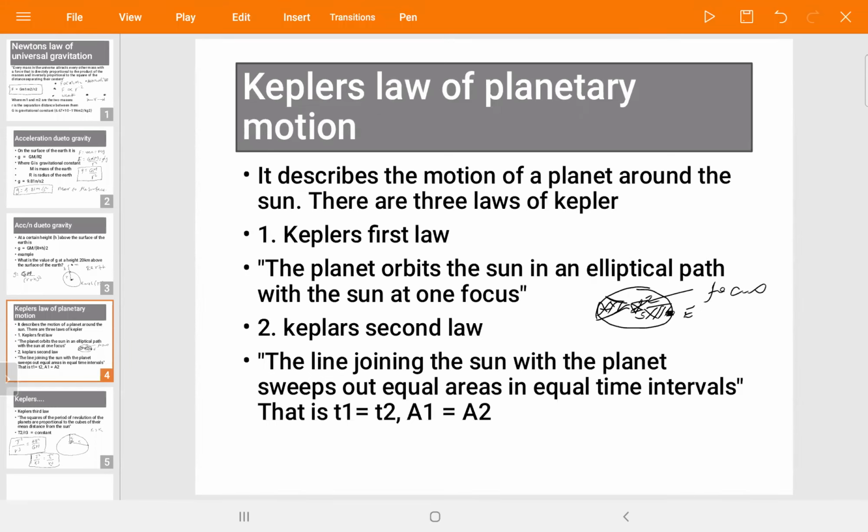Despite the farness or the closeness, if they are close to the sun, they have to be fast, or if the planets are revolving far from the sun, they will move with a slow speed. Despite their fastness or slowness, they will cover equal area in equal intervals of time.